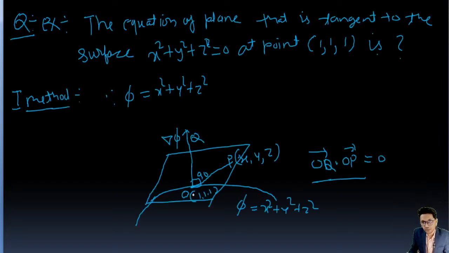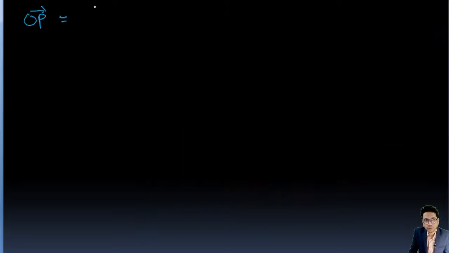Now we'll find the vector OP. Here you can see the coordinates of O are 1, 1, 1 and P is x, y, z, right? So vector OP is going to be x minus 1 i cap plus y minus 1 j cap plus z minus 1 k cap.